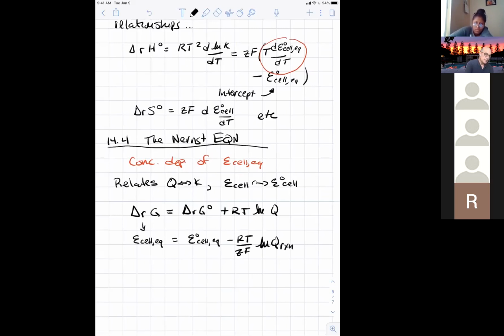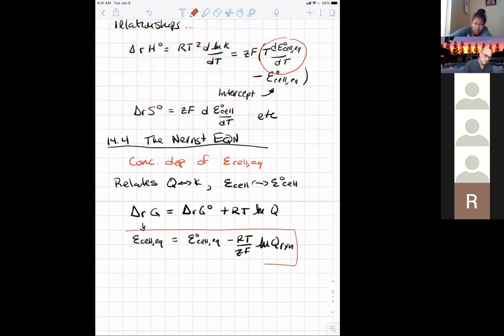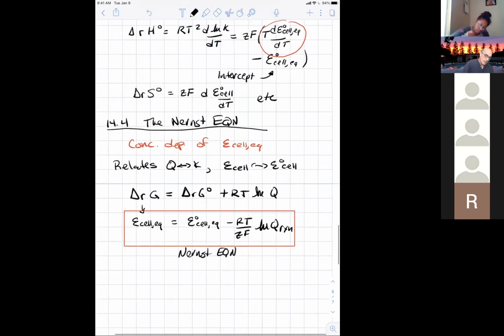And this is the Nernst equation. Okay. And the only assumption here is that junction potentials are zero.